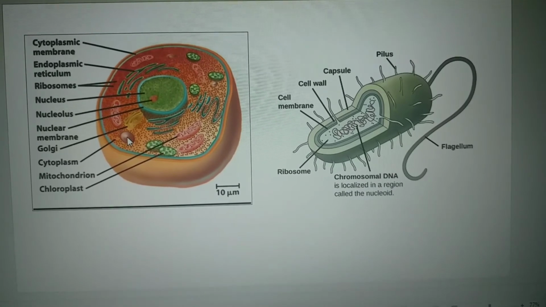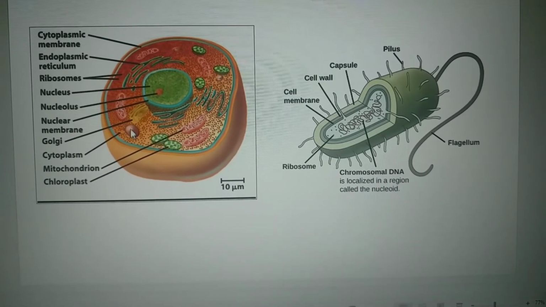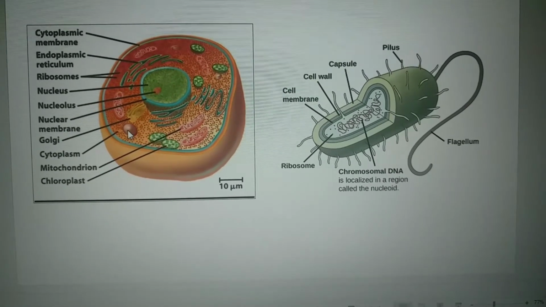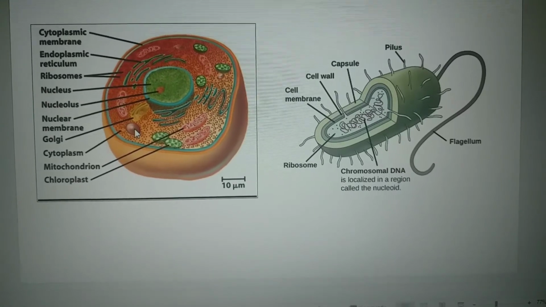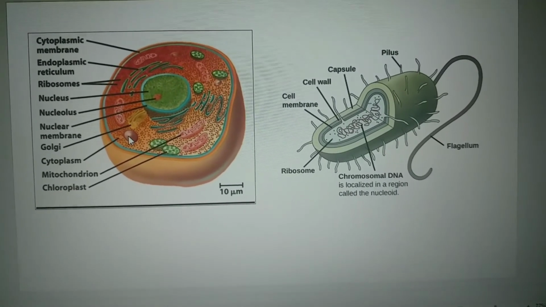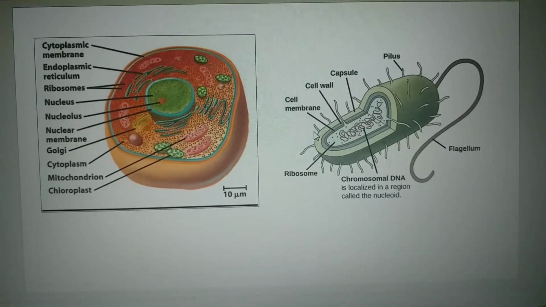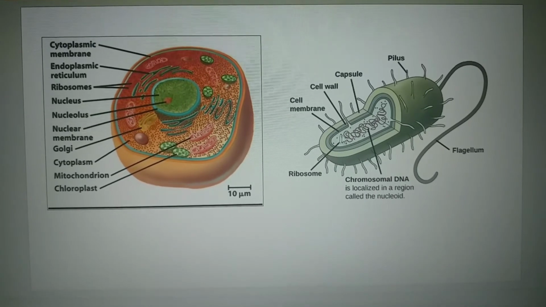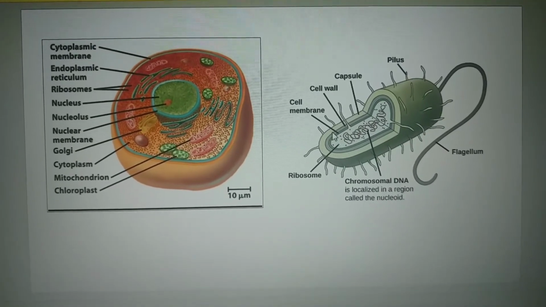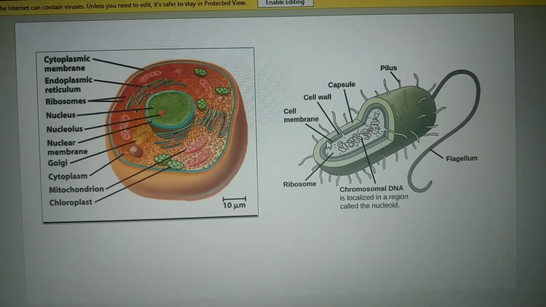And here in the eukaryotics, as you can see, there's a lysosome. This one is the lysosome. Although it has no label there, that is a lysosome. While here in the prokaryotic, there are no lysosomes.